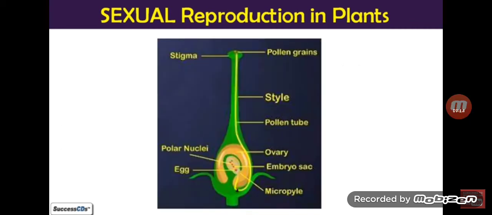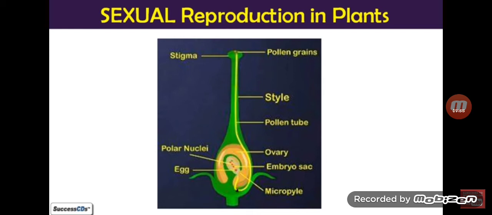So here you can see it clearly: the pollen grain which has germinated, the entire length, that yellow color, is the pollen tube. It elongates and comes down and enters the ovary through the micropyle end of the ovule. Now, you saw that there are two nuclei in it plus a tube cell. So there are two nuclei and one tube cell inside the pollen tube.